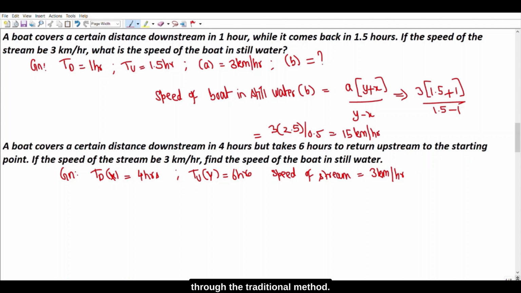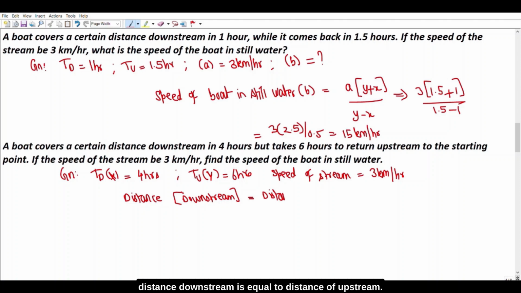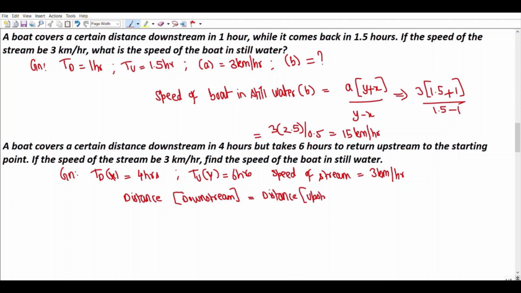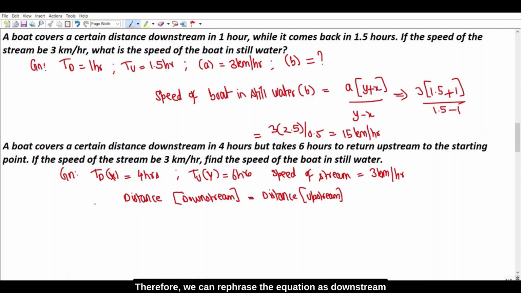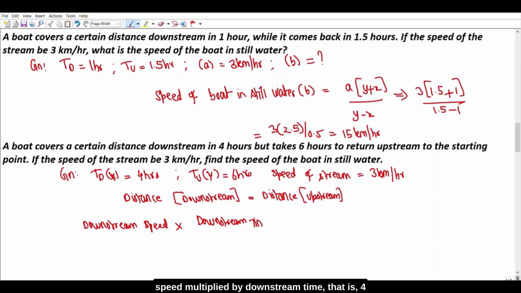Let us solve this question through the traditional method. From the question we can clearly see that distance downstream is equal to distance upstream. We know the basic formula of distance as speed into time. Therefore, we can rephrase the equation as downstream speed multiplied by downstream time is equal to upstream speed multiplied by upstream time.